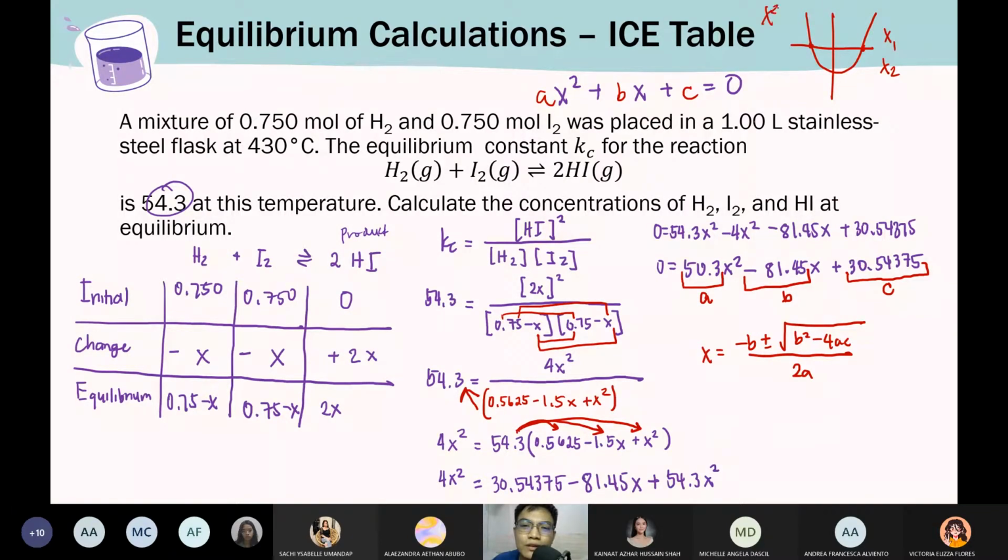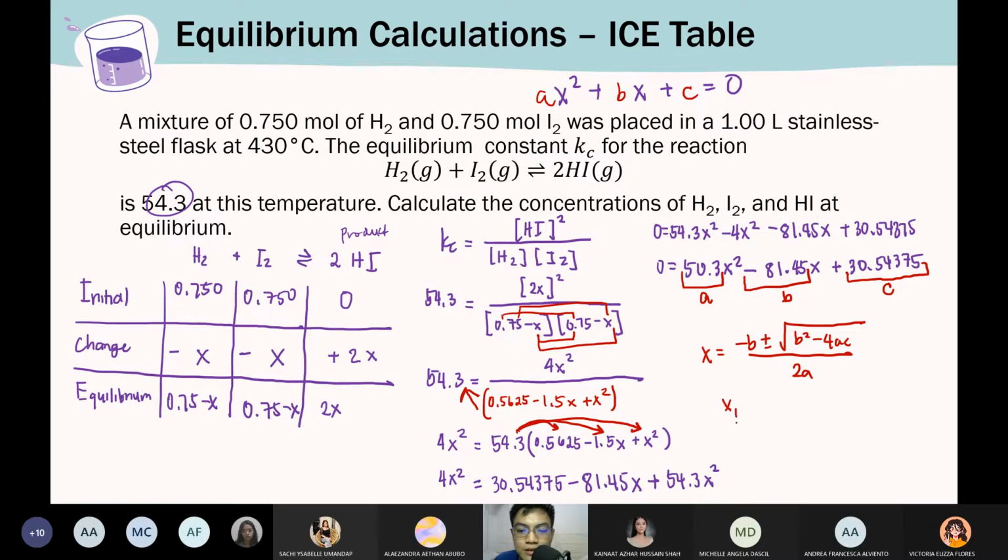If you have an equation for x cubed, it will pass the x-axis thrice, no? So kaya tatlo yung root. Okay, so basically kung ilan yung exponent, ganun karami yung roots. Ano yung exponent natin? 2. So ibig sabihin, dalawa yung root. Isa we're in positive to, isa we're in negative yan.